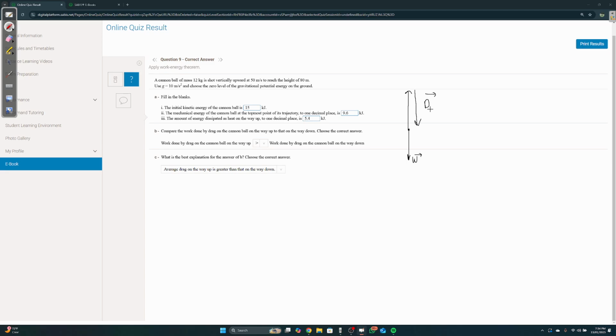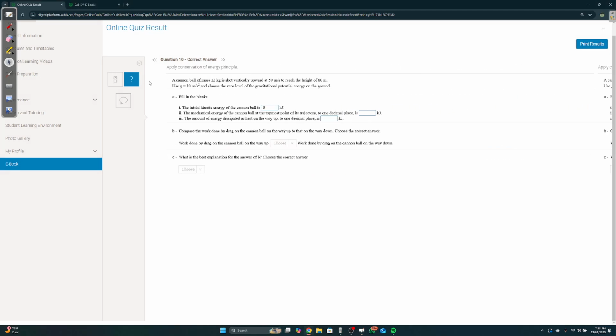However, if you're falling down, you already have the weight pulling you down, and you already have the drag pushing you down. So obviously it's going to take more force on the way up, and the drag is going to be greater on the way up. Think about a ball: what goes faster, when you throw it up or when you throw it down? Obviously it goes faster when you throw it down, because there's less air resistance when you fall down.